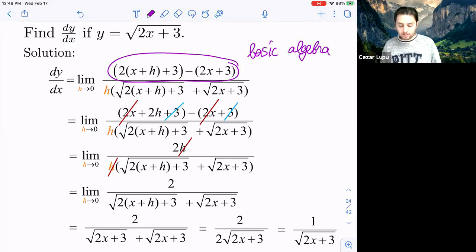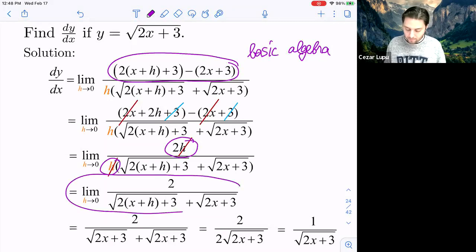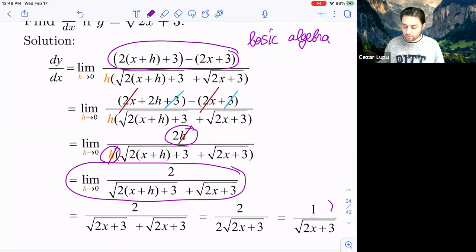And once you do this, guess what? You will end up with, you see, the 3 will go away, 2x will go away, and you will end up with 2h, but also you have an h here on the bottom. So h will cancel, and then you're going to end up with this guy here. And now you plug in h to be 0, and the final answer will be this.